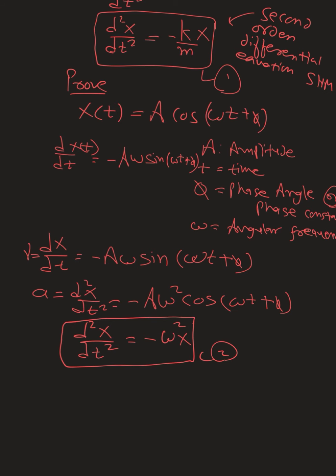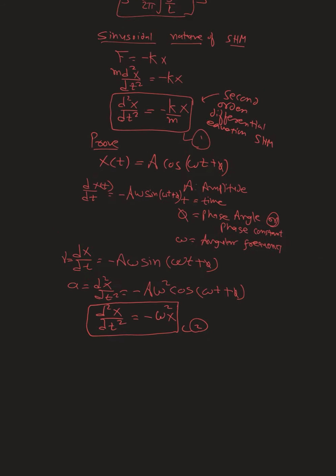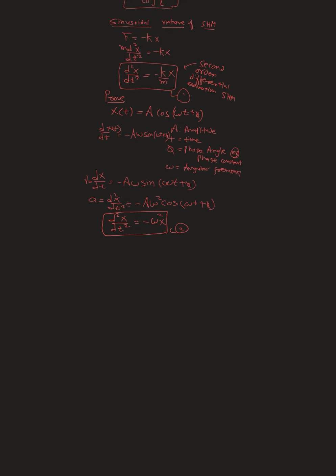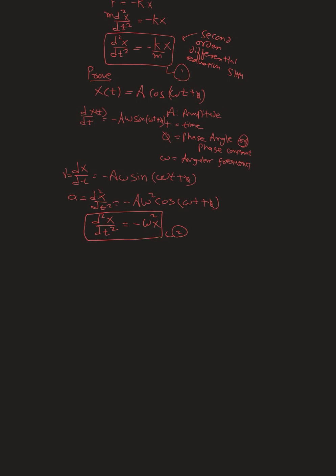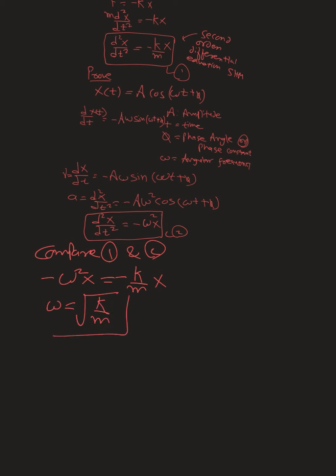So look, we can compare equation number 1 and equation number 2. Can we compare them? Yes, we can. If we do that, we get negative omega squared x, which is nothing but negative k over m x, telling you that omega is the square root of k over m. This gives you the relationship between the angular frequency, spring constant k and the mass m, right?